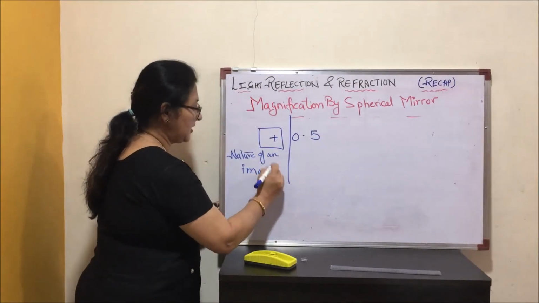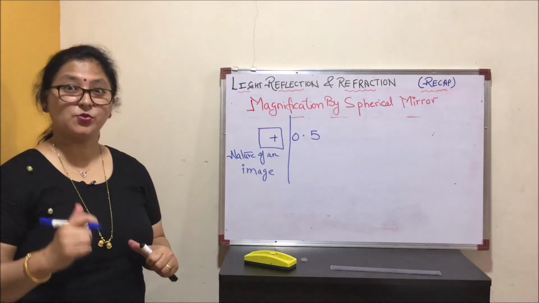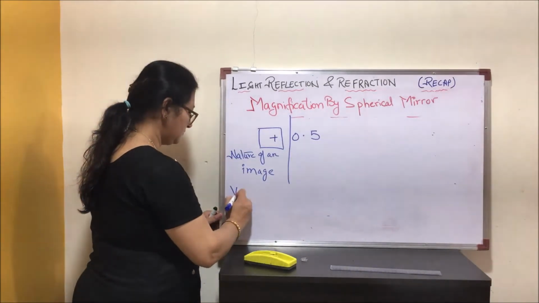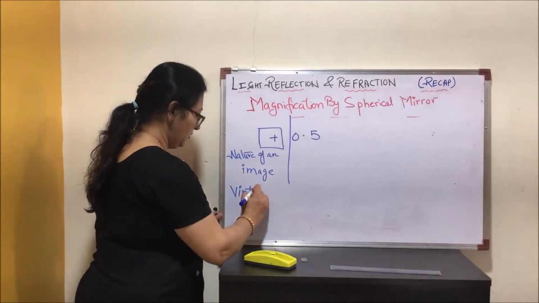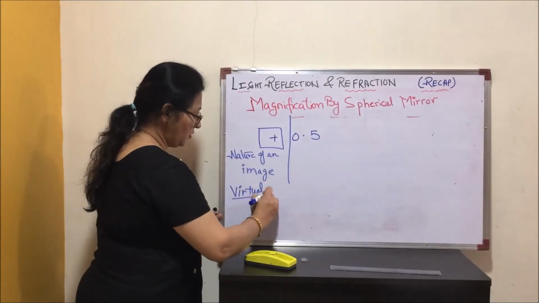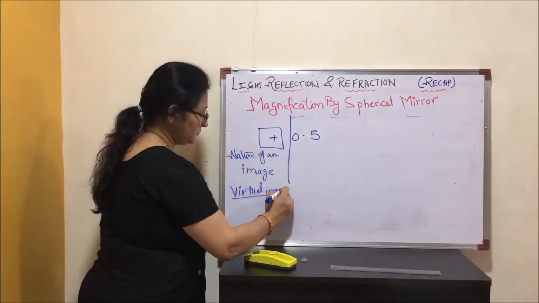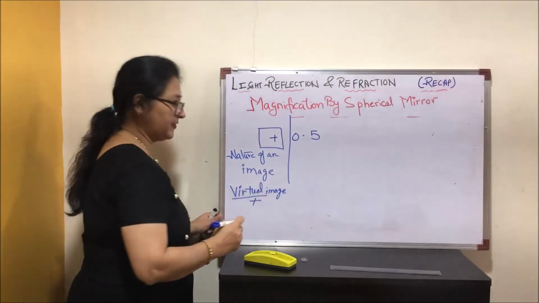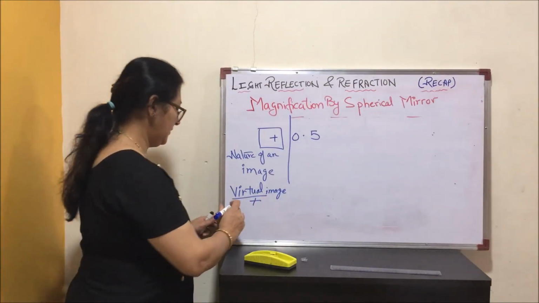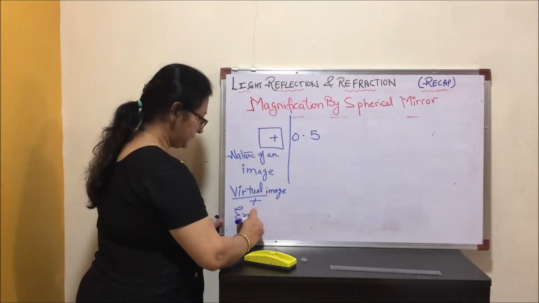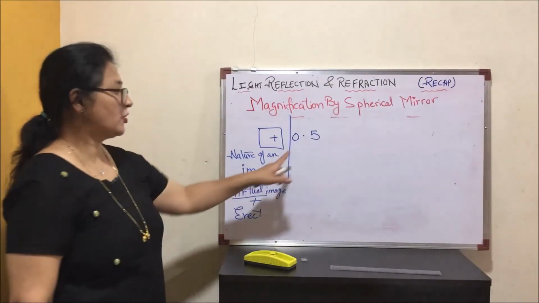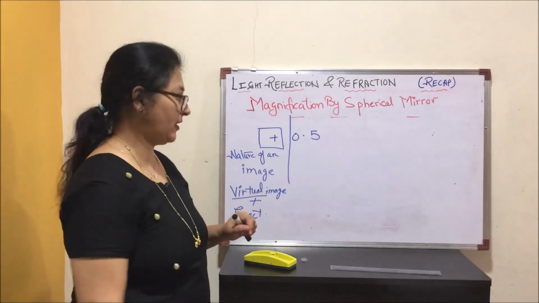That means plus means it is virtual. The image is a virtual image. If it is virtual, that means it has to be erect. Clear? 0.5. Now what about 0.5?